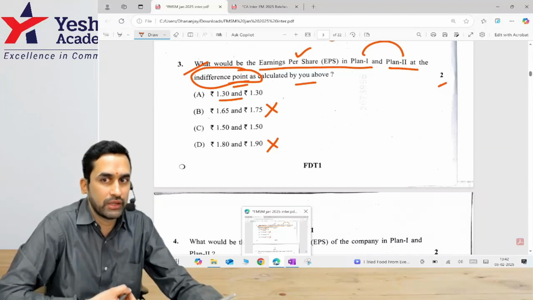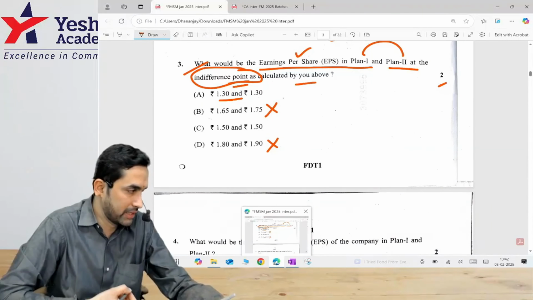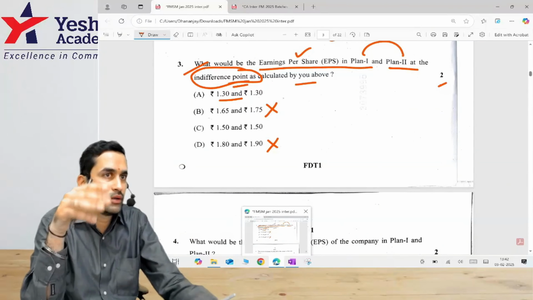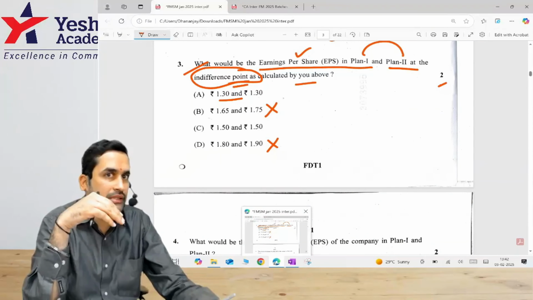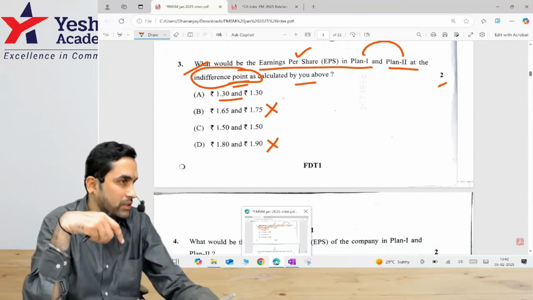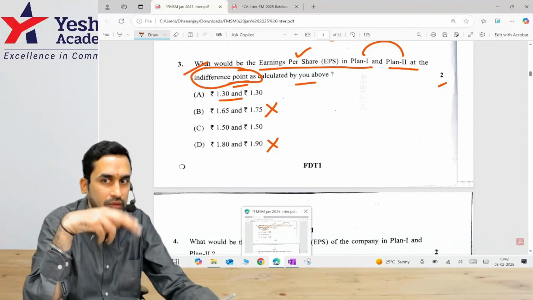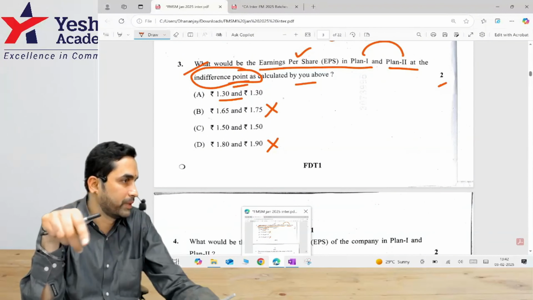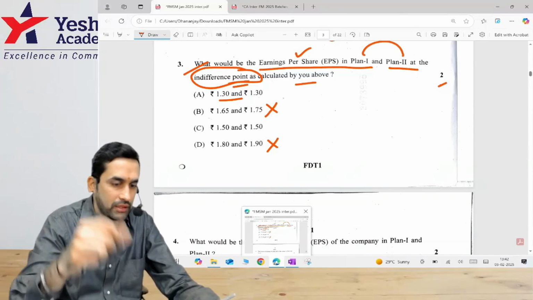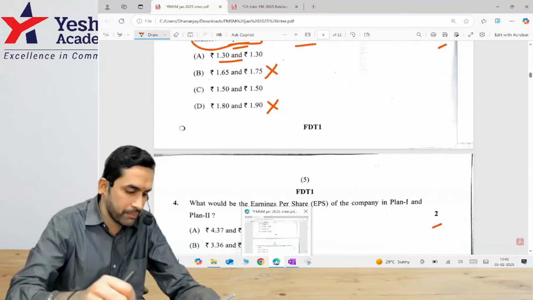The number of equity shares were different, but you have done it in class. You started with plan 1, plan 2, EBIT minus interest, and finally you had 60,000 rupee by 40,000, correct? In one option you got 1.4 rupee, and 1.4 rupee. If you call it indifference point, your EPS answer has to be the same.